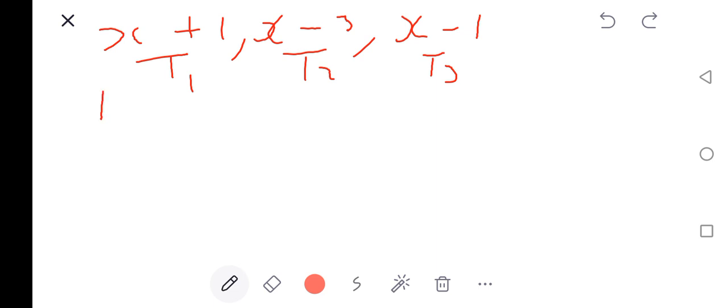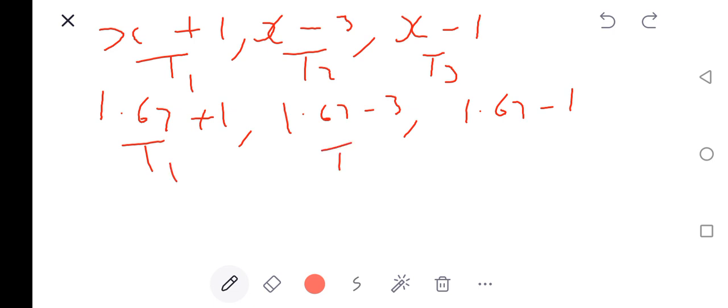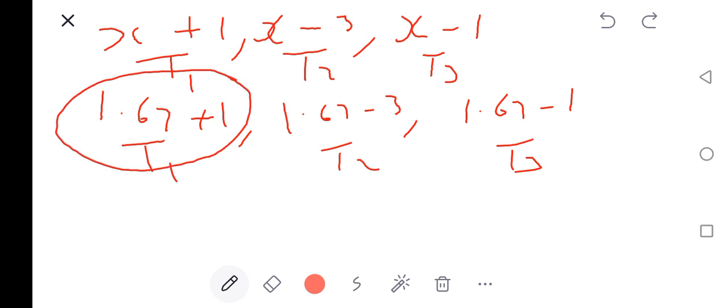Your x is 1.67 plus 1. Again, 1.67 minus 3 and 1.67 minus 1. This is your term 1, this is your term 2, this is your term 3. But the question just said term 1, so we're just interested in this part.